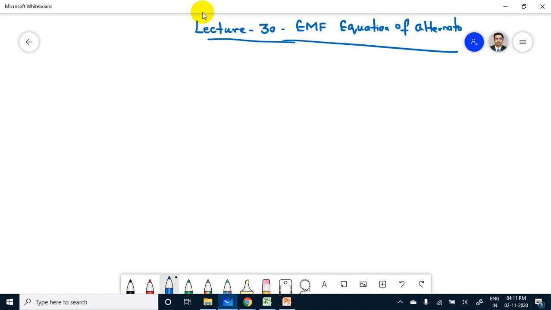Now, this is the derivation actually. This is one of the derivations for a 10 mark question. So please listen carefully. Derivation.